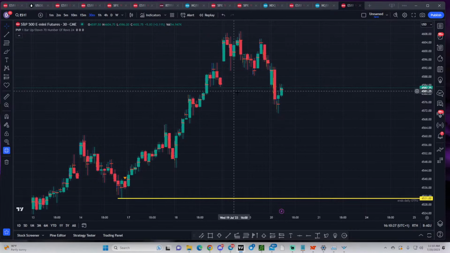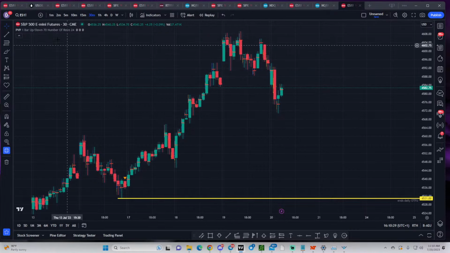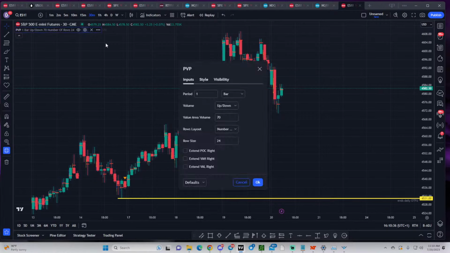Now, to set it up to see the N30's, let's just suppose that you are here in period one bar, open down, row size 24. So row size, let me just do 4 ticks.